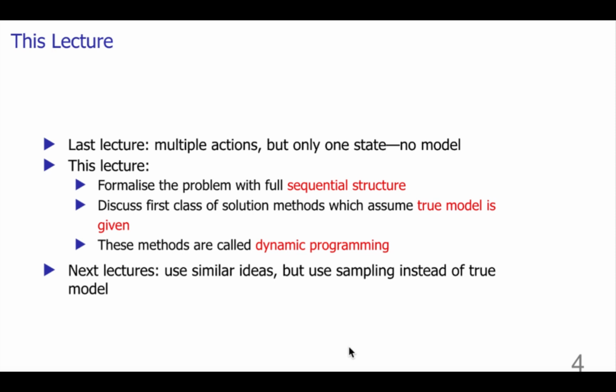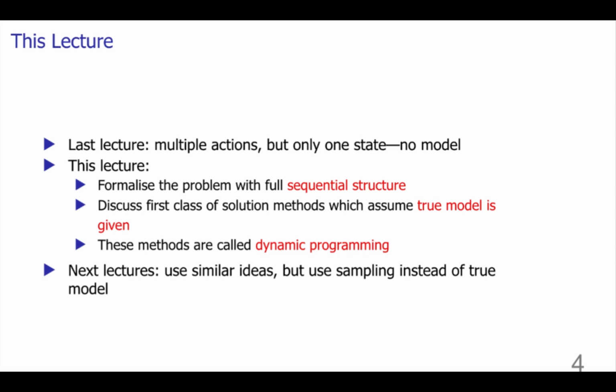Okay. So in this lecture, we are going to consider multiple actions. That's the first thing, nearer to the real environment in reinforcement learning. We are going to consider multiple actions and multiple states actually. Because last time we were considering multiple actions but in a single state.